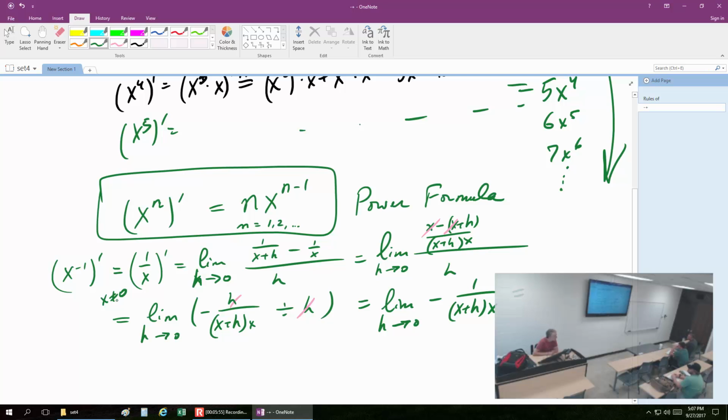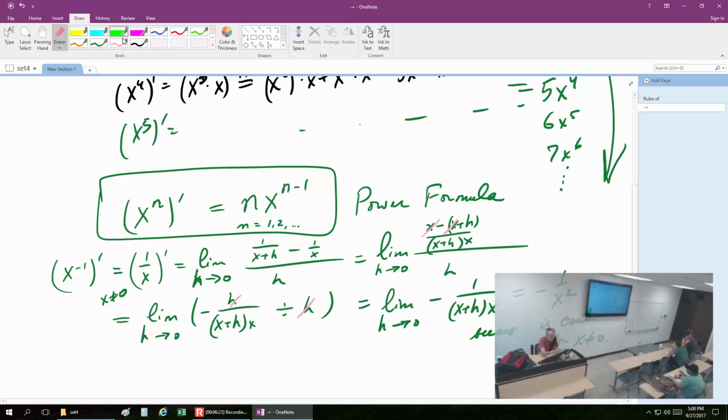Negative 1 over x squared, yes. Negative 1 over x squared because 1 over x is continuous for x not equal to 0. So we get the whole derivative right away. Wherever the function is defined, it is continuous and it is differentiable. Actually, what I meant to say here is, it's not that 1 over x is continuous.